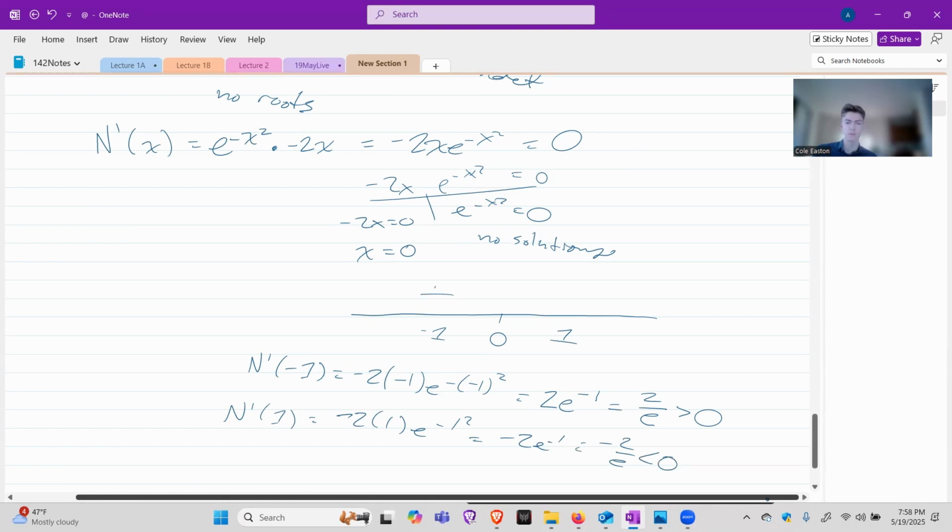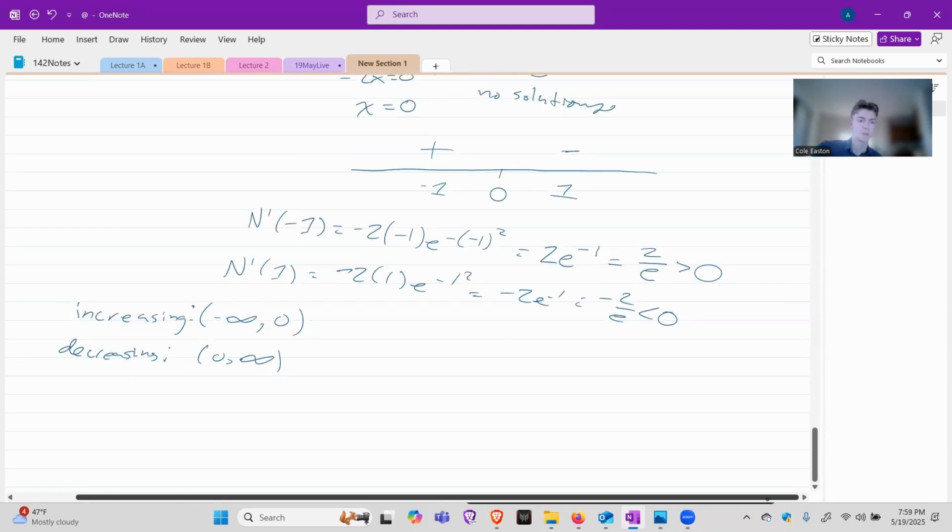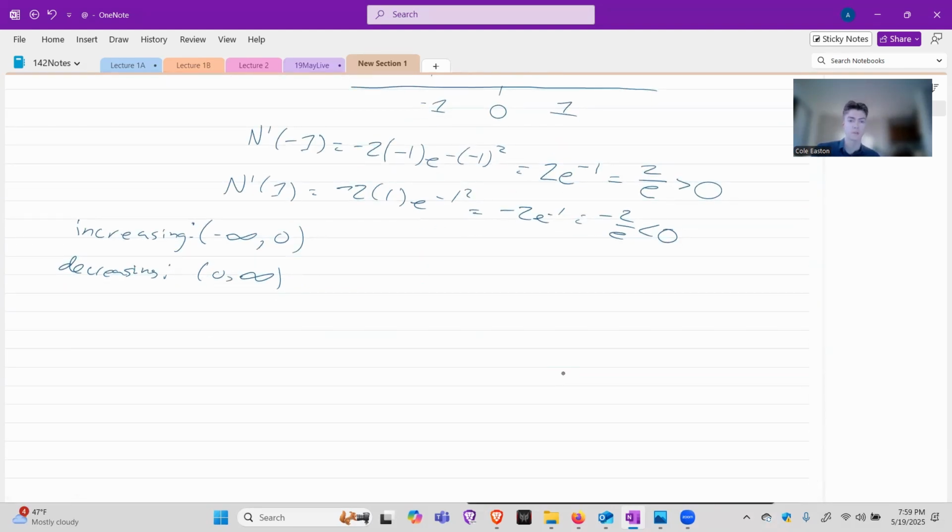So in this section, we have positive. In this section, we have negative. So we have increasing from negative infinity to 0 and decreasing from 0 to infinity. And then let's figure out what our critical point is by actually just plugging 0 into our original function.